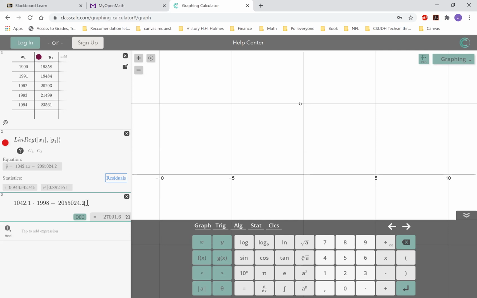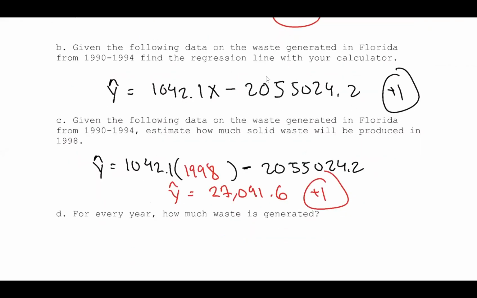There you go. So you should get y hat is equal to 27,091.6. I gave you a point if you got this one correct. So that's all you had to do for C.